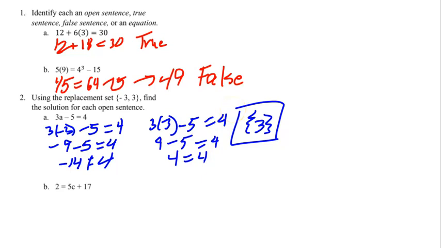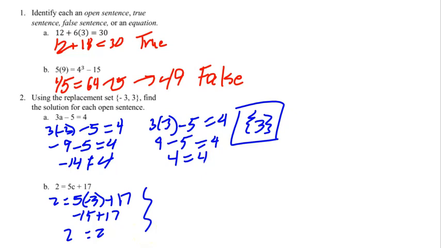Next one, we have 2 equaling 5 times, let's try -3, plus 17. 5 times -3 is -15, plus 17, that equals 2. This side is 2, so we know that works.